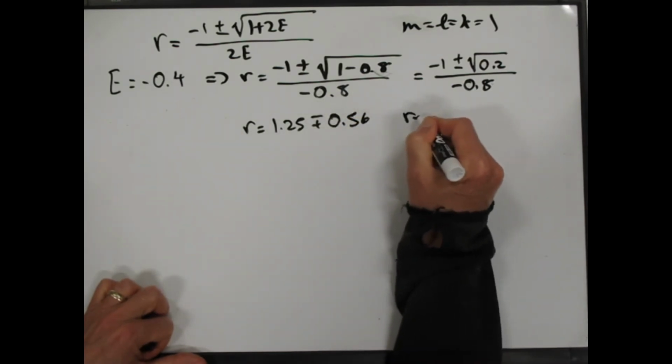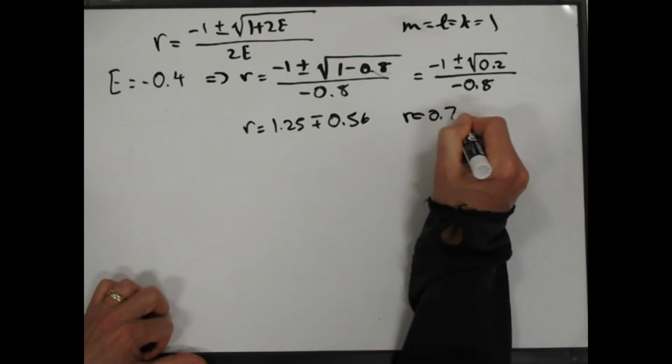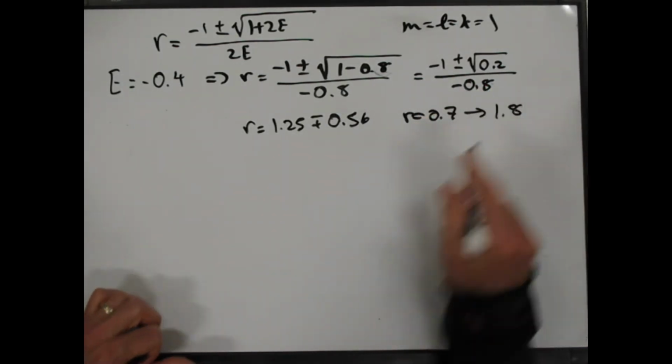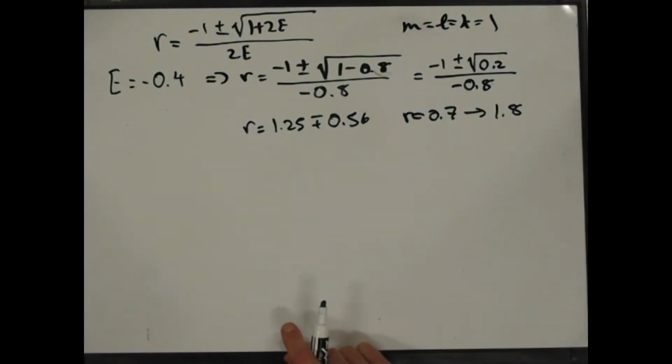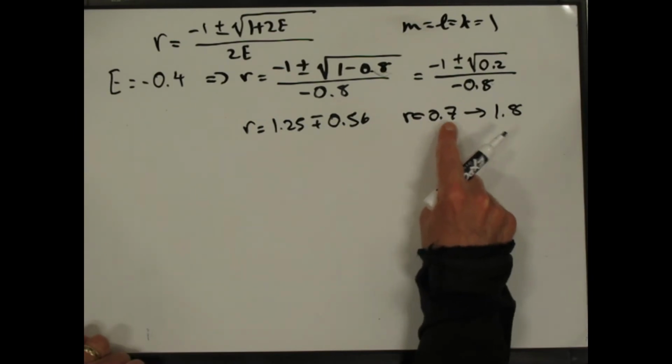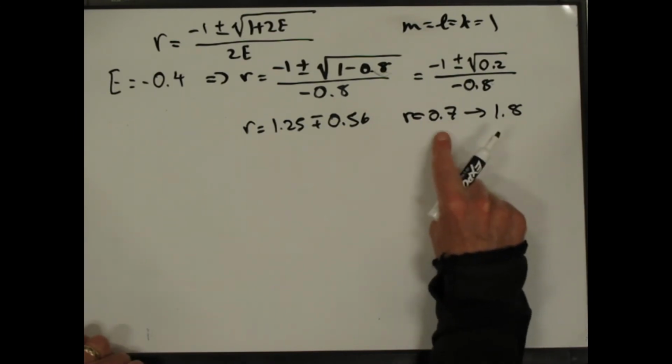So r goes from 0.7 to about 1.8. That's the range. That's the minimum r and that's the maximum r. And you'll see it on the graph on the next one.